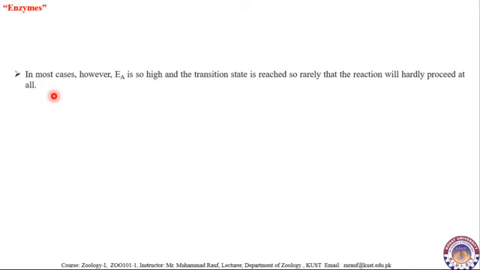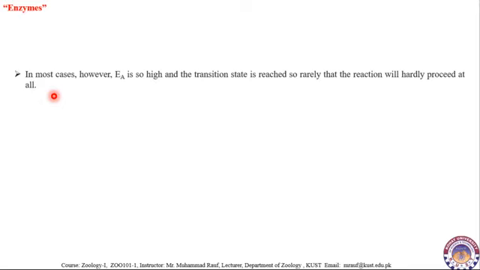into products. In normal circumstances, inside a living cell, some of the reactions need so much activation energy that it is impossible to provide those reactions with that much activation energy.